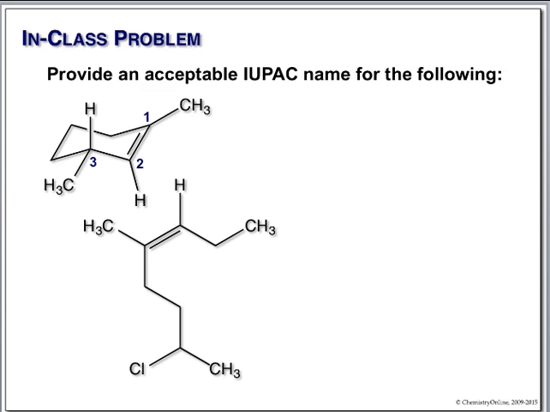How about carbon 3? If that methyl group was pointing up, that would be a different compound, wouldn't it? Now, you really can't use cis trans here, can you? Because our double bond is flat. So what are you going to use? R and S.